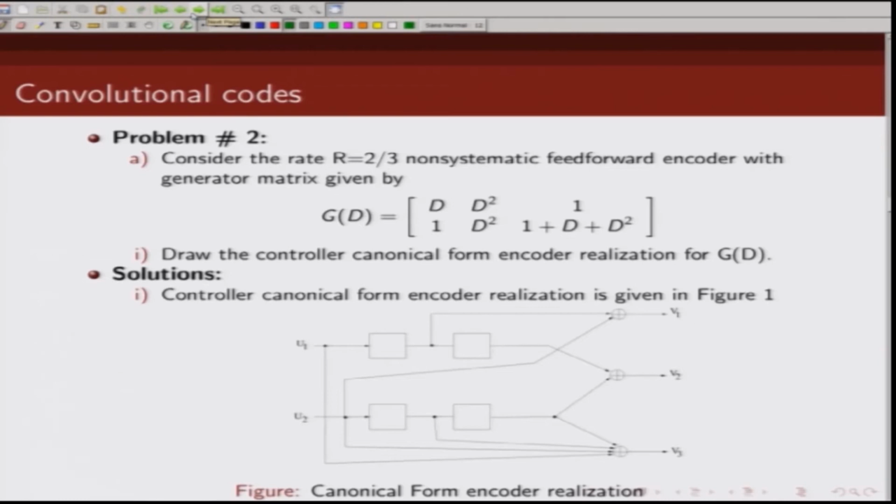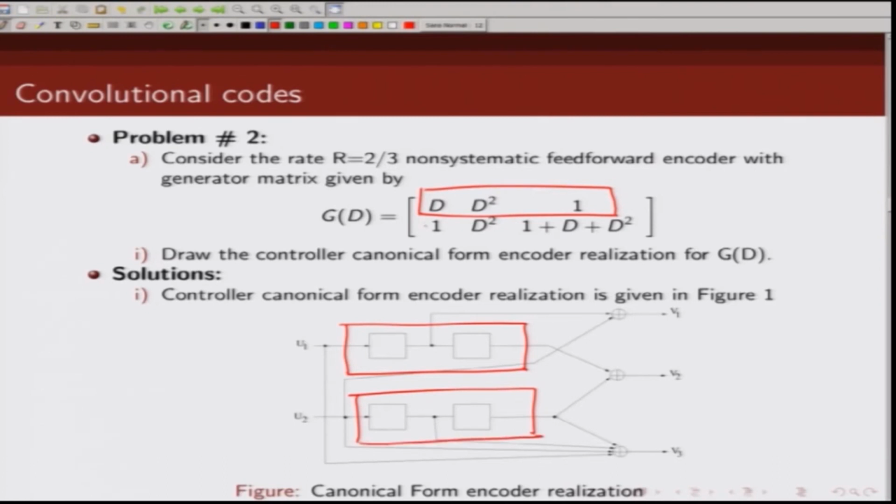So, this is precisely what we have here. We can see this shift register is for this input and this shift register is for this input. Maximum memory element for the first one is 2, second one also 2, and we can see now the first output is D times U1, which is this, plus U2 times this.